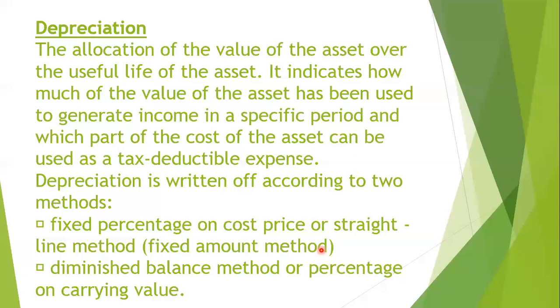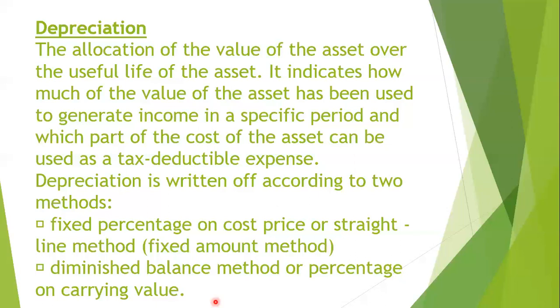There's different terminologies for it, but if you see any of these terms, fixed percentage or cost price or straight line, it's the same thing. Being a fixed amount that is going to depreciate every year, and we will do examples on these two different methods today, just at a later stage after I'm done with the concepts.